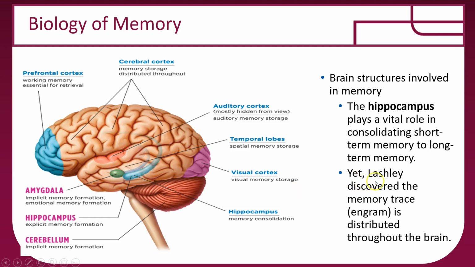But a researcher named Lashley discovered that memory really is all over the brain, and he talked about what he called the engram. That's the memory trace distributed all throughout the brain. So having damage to one little part of your brain is not going to wipe out all your memories.